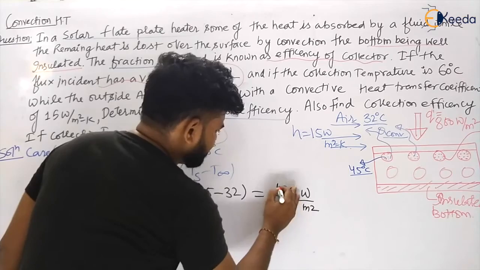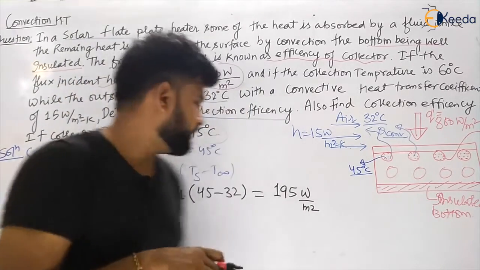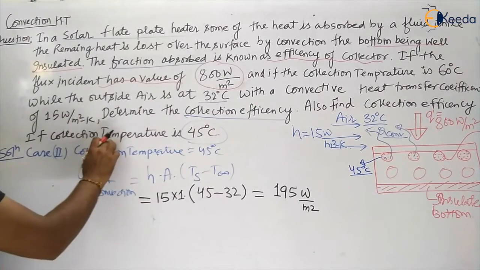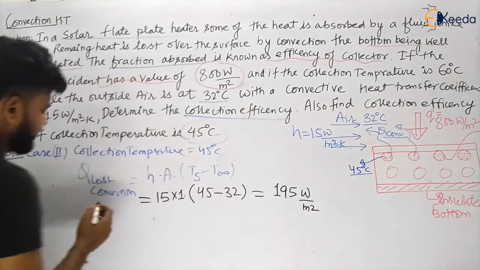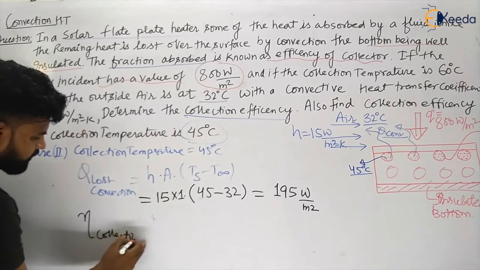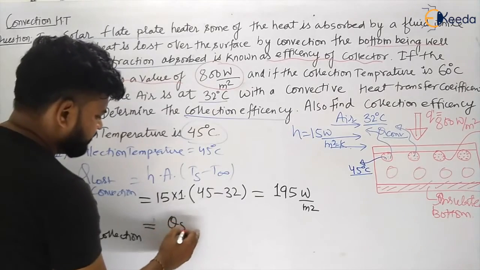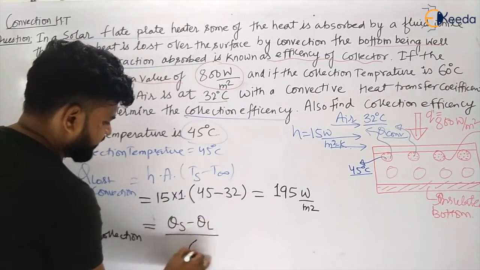So this will be the heat transfer when the temperature of that collection is decreasing. So what will be the collection efficiency at that time? Let us calculate. That is your eta collection, which will become equal to Q supplied minus Q lost divided by Q supplied.